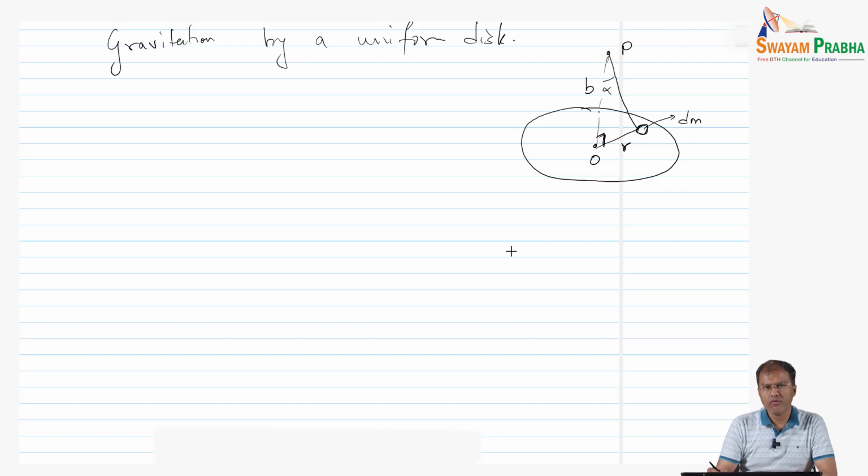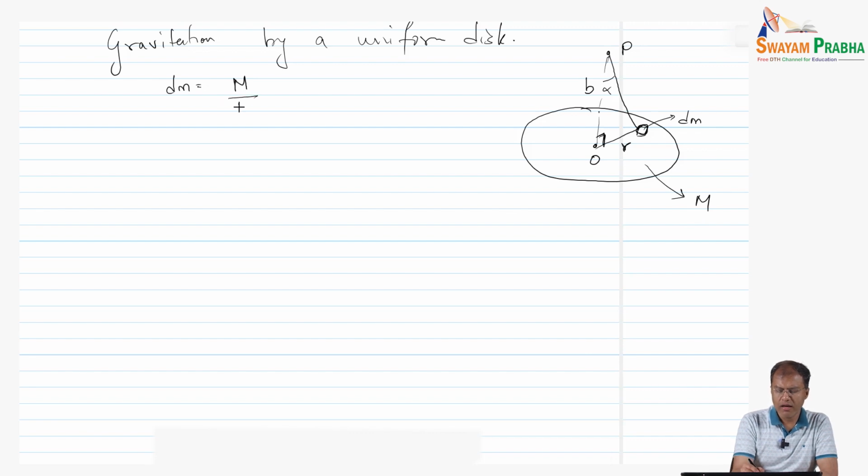the infinitesimal gravitational force due to this small mass dm, which is at a distance r. So we have to see what the mass distribution is. Let's say this disc has the total mass capital M. So the mass distribution dm is going to be M over A times dA, right?